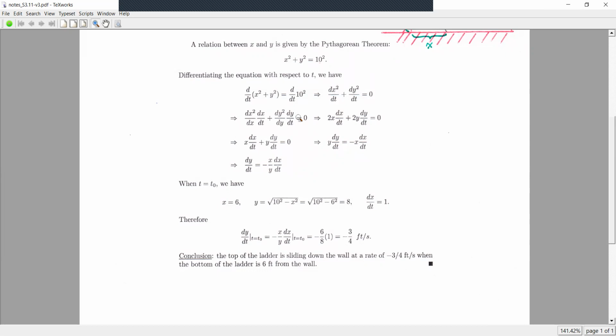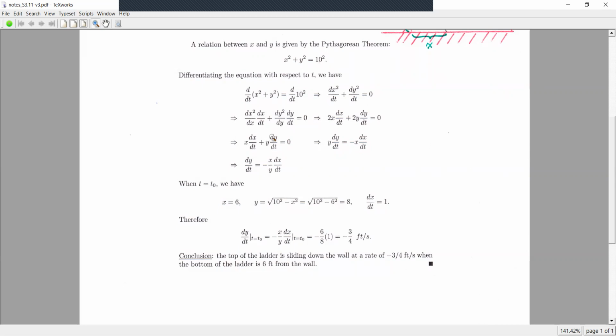Then I have this equation. The derivative of x squared with respect to x is 2x. The derivative of y squared with respect to y is 2y. Divide this equation by 2. Then I have this equation.